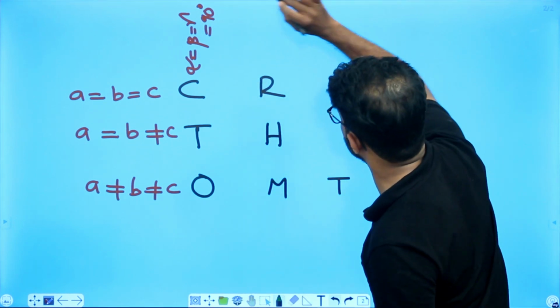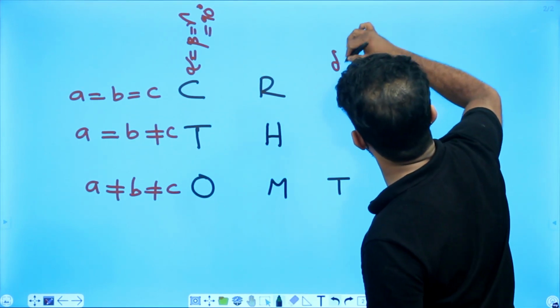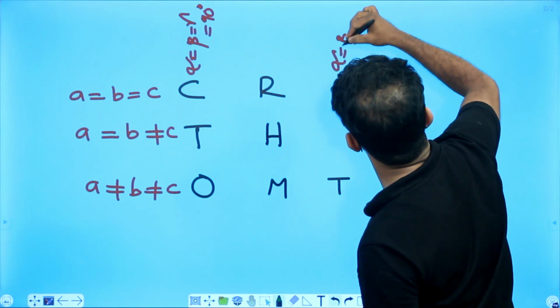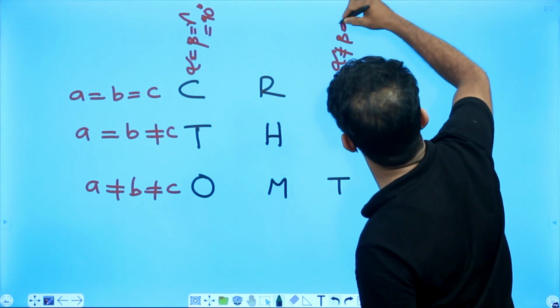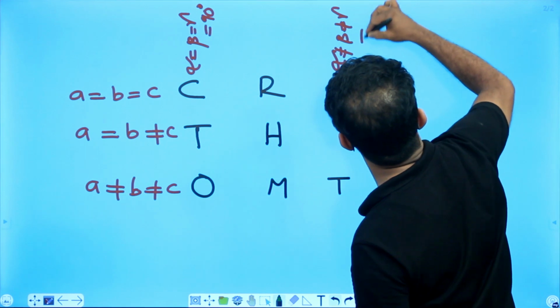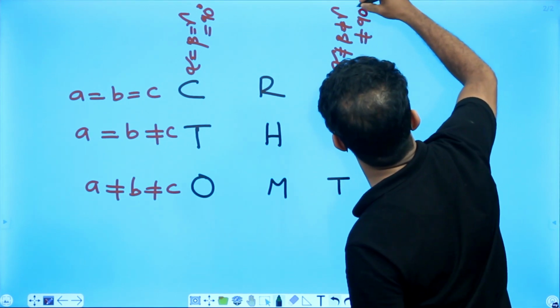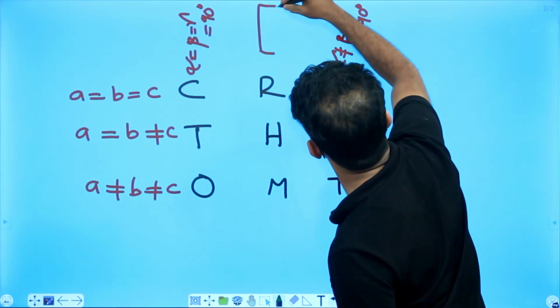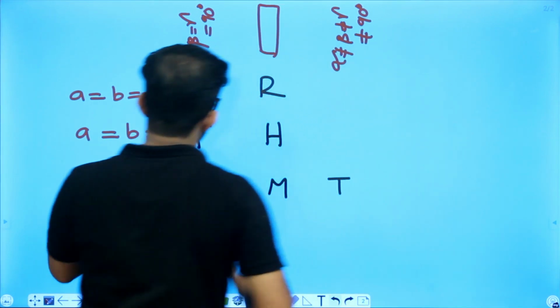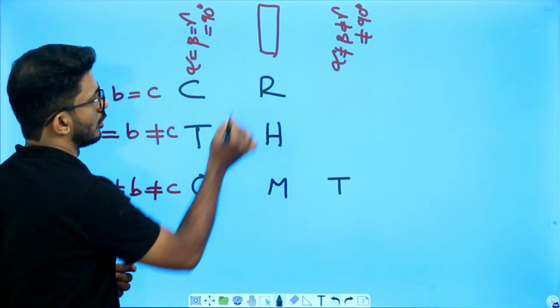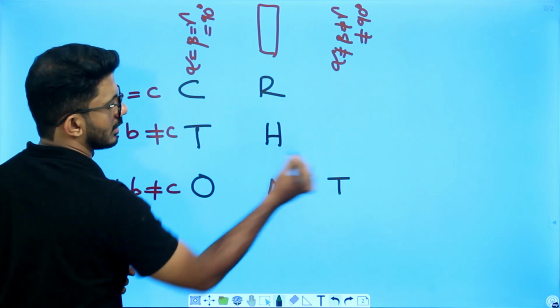And ഇവിടെ ഞാൻ just leave ചെയ്യാണ്. Alpha is equal to beta, alpha not equal to beta not equal to gamma not equal to 90 degree. ഇവിടെ നമുക്ക് fill ചെയ്യാം. അപ്പോൾ this is cubic, this is tetragonal, orthorhombic, rhombohedral, hexagonal, monoclinic, triclinic.